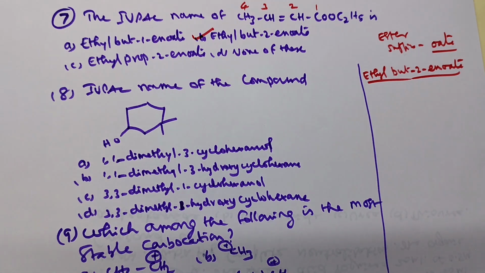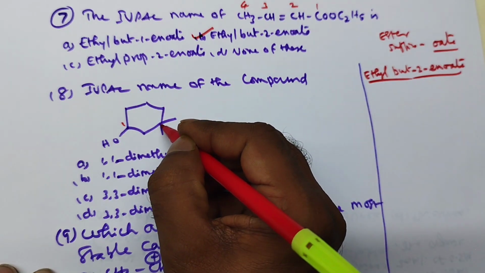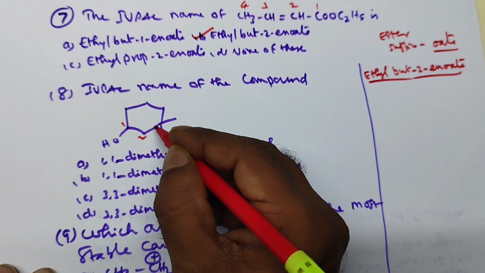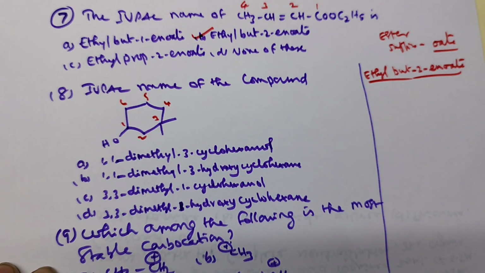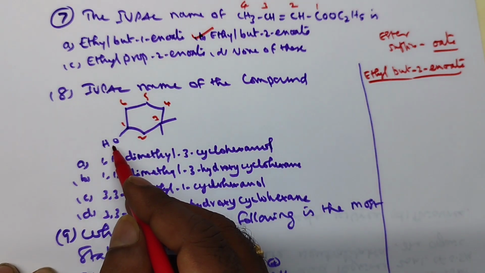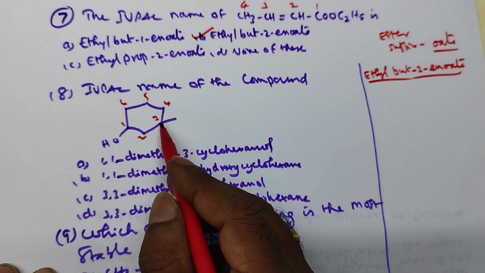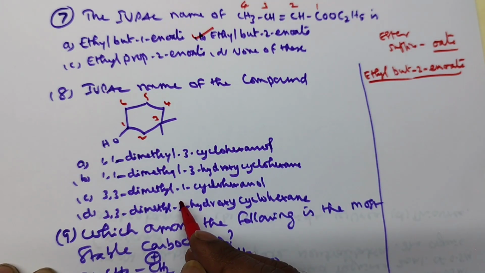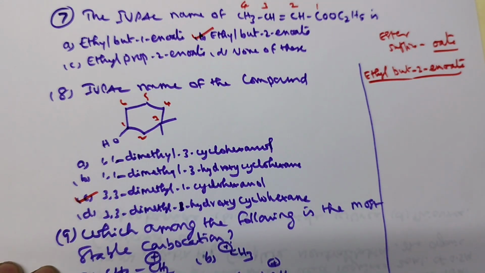You start numbering from here, 1, 2, 3, 4, 5, 6. Always the least number should come here. Six means cyclohexane, correct? And OH is there, so that is cyclohexanol. Then at the third position we have methyl groups. So 3,3-dimethylcyclohexanol is the correct option.